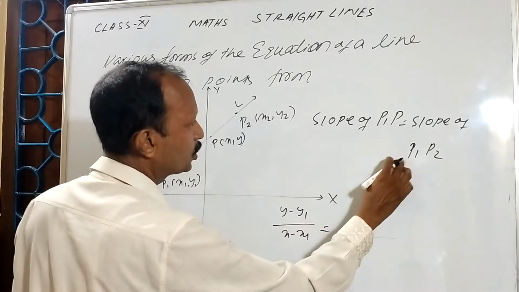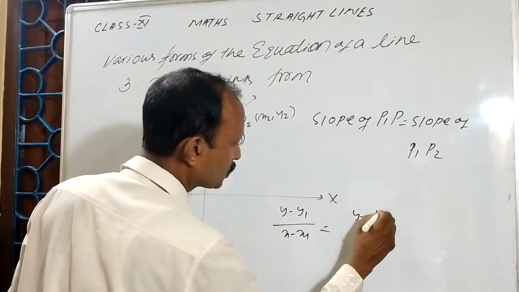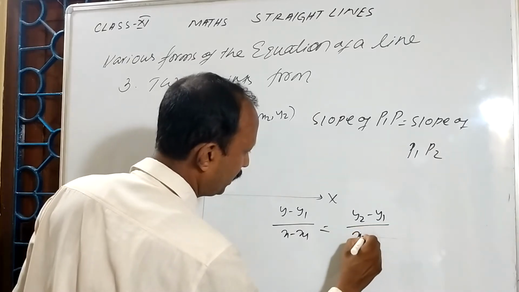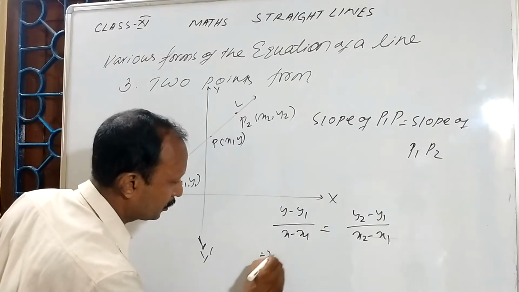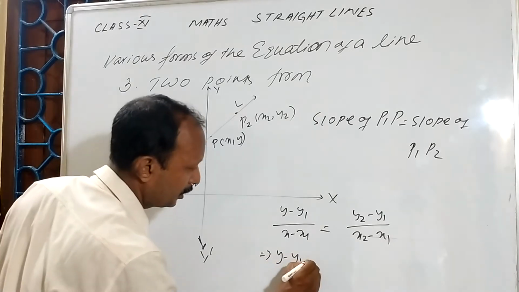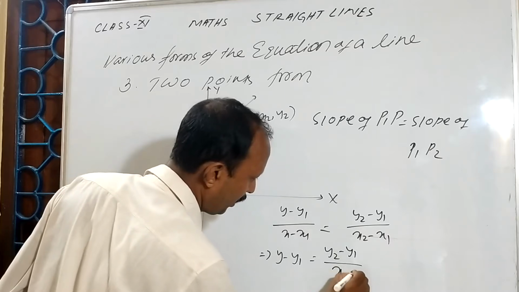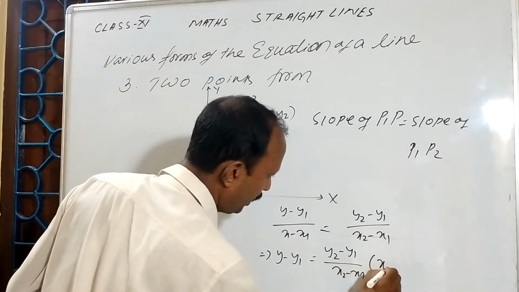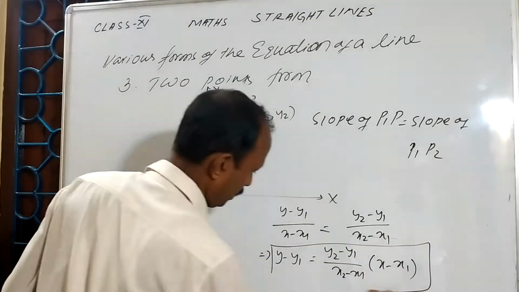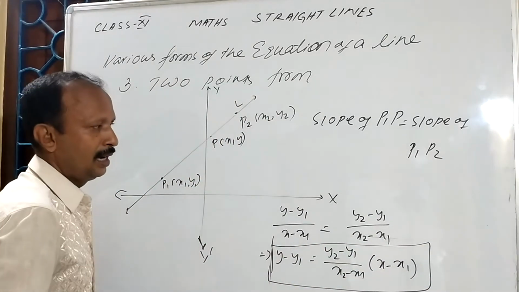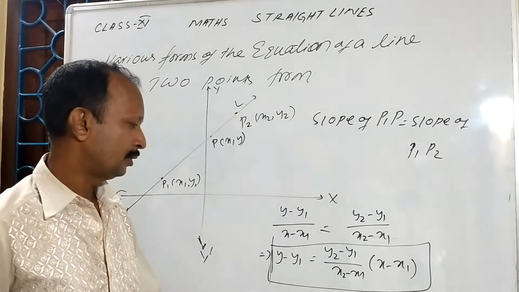This is equal to slope of P1P2, (y2 minus y1) divided by (x2 minus x1). Or I can write that y minus y1 is equal to (y2 minus y1) divided by (x2 minus x1) into (x minus x1). This is the equation of the line.